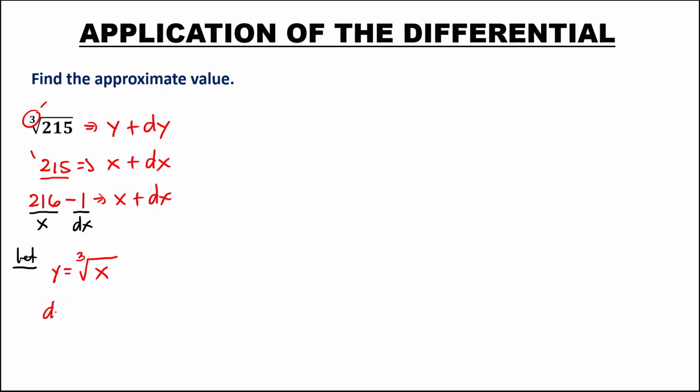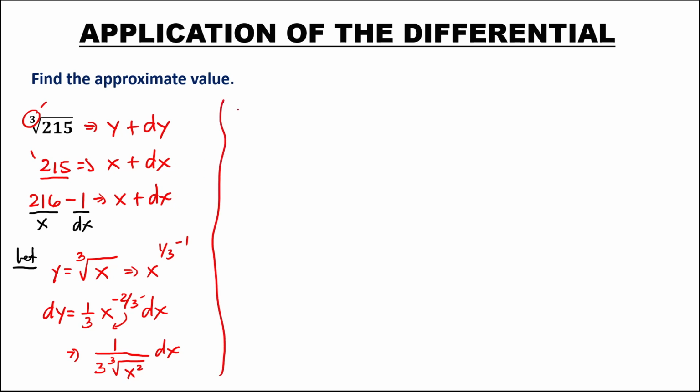To find the derivative of y, since this is equal to x to the power 1 over 3, the derivative is 1 over 3 times x to the power negative 2 over 3 times the dx. To simplify, this is 1 over 3, then bring down the exponent, so we have the cube root of x to the power 2, times the dx.